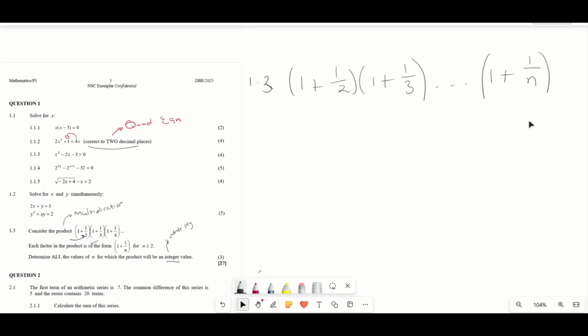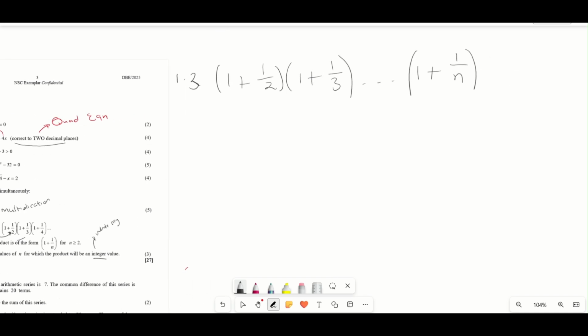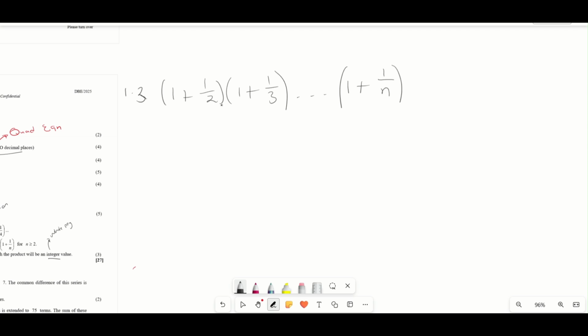So that's our last factor. If you notice the pattern here, the 1 is constant for every factor that I have, as well as this 1 here is always constant.